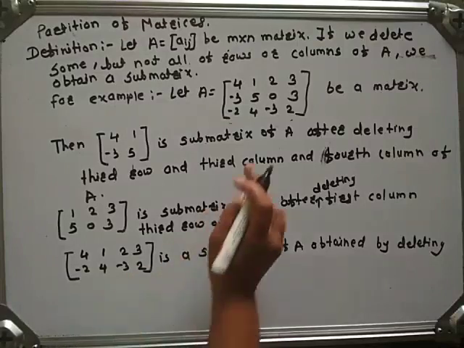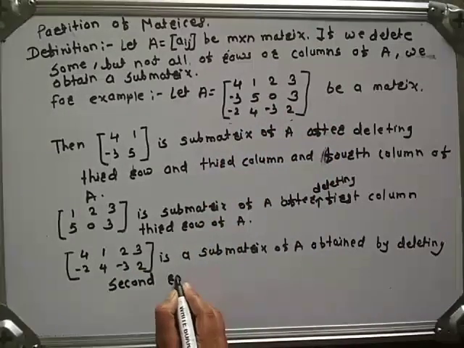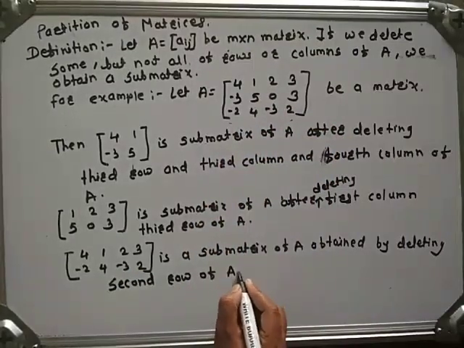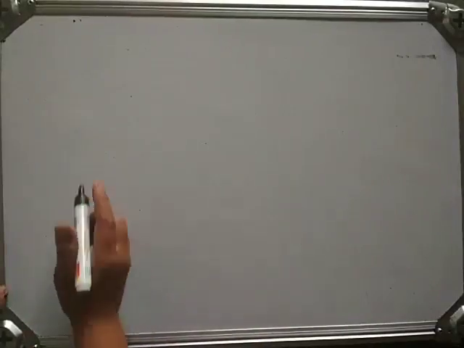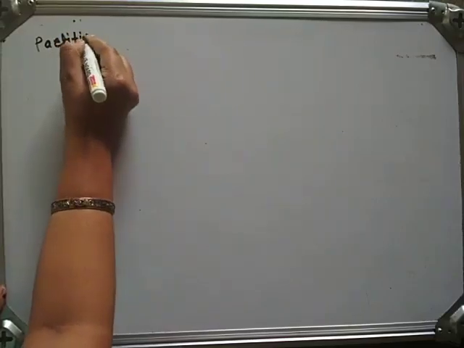It is obtained by deleting second row of A. We have seen the definition of submatrix. Now we will see the definition of partition matrix.